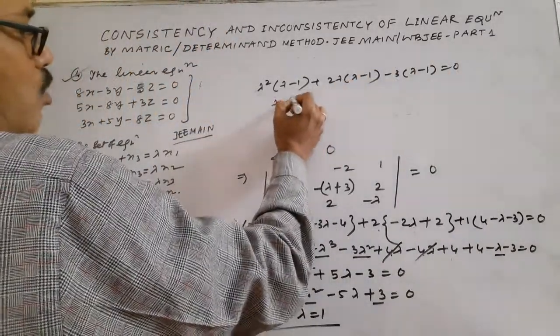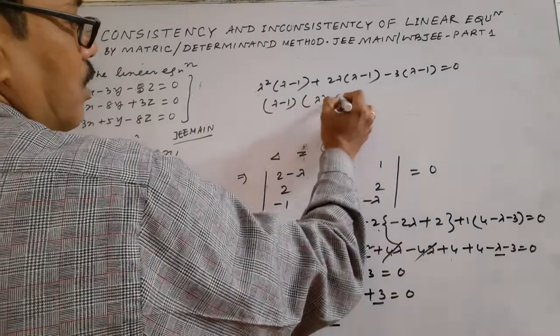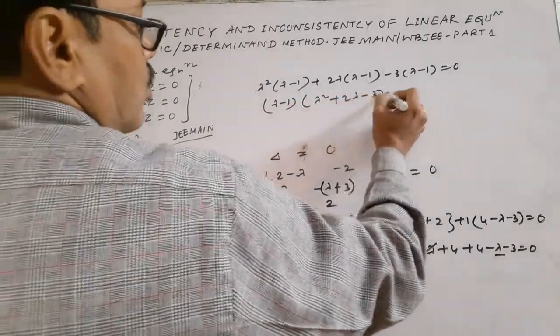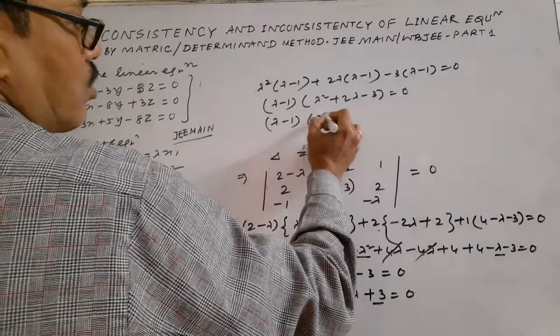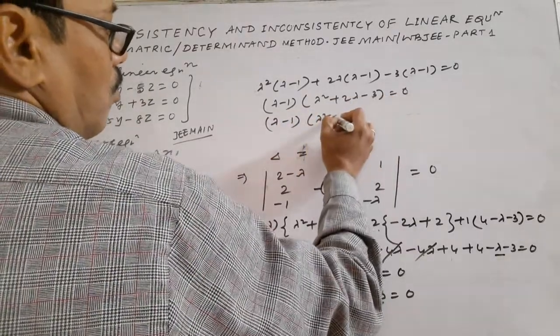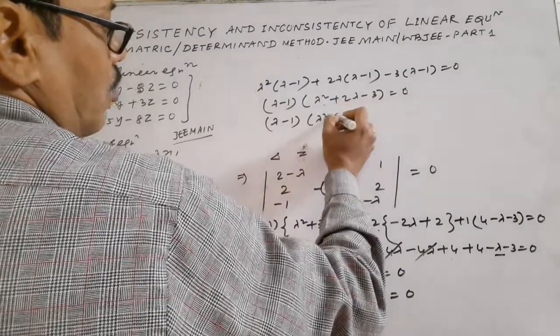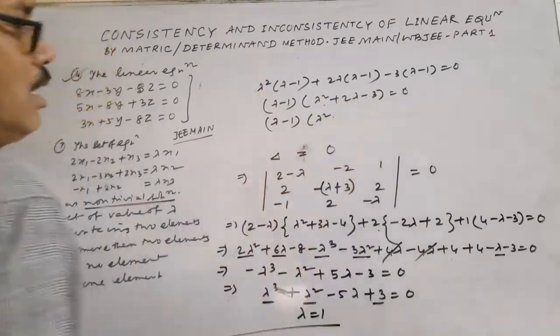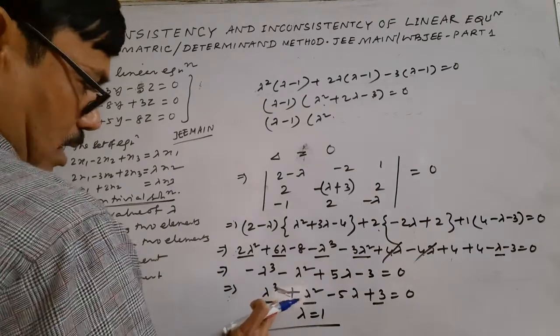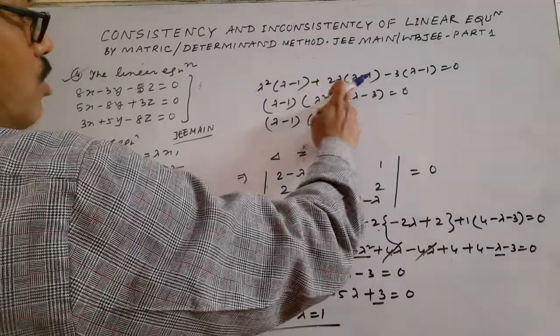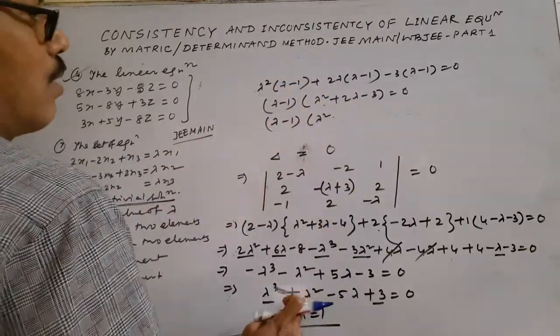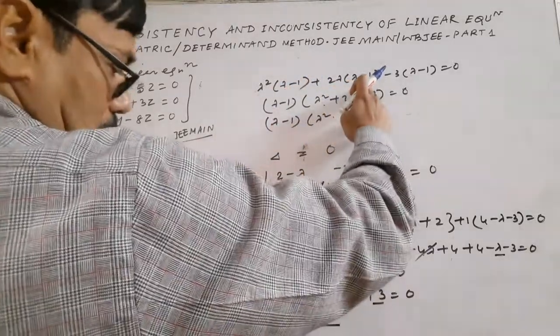So if we factorize, we get lambda square, 2 lambda minus 3. So again we factorize.